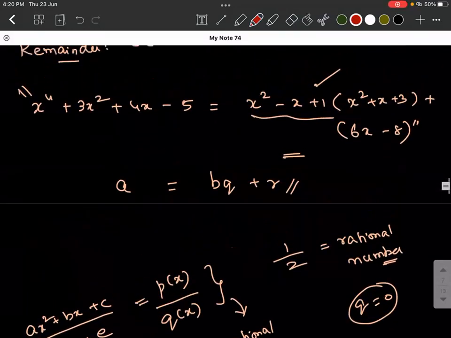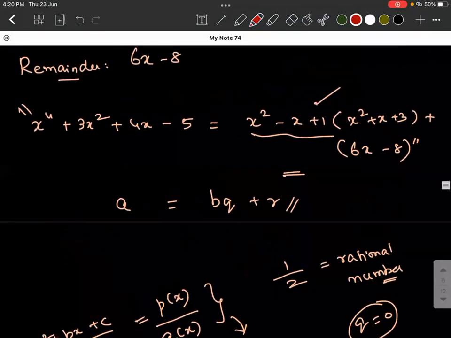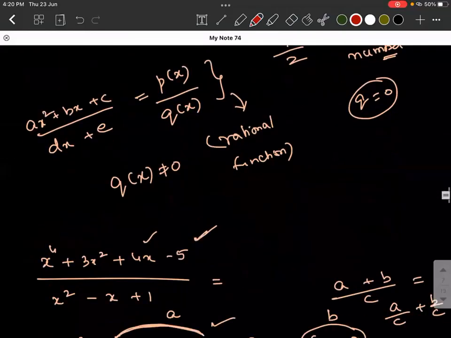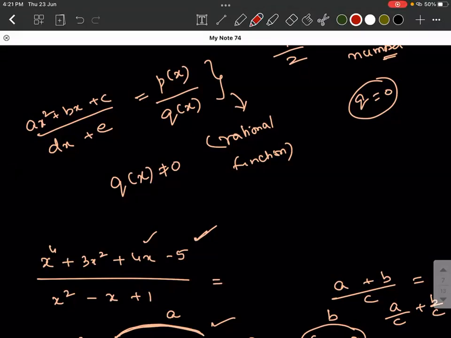Okay? Yes. So let's say in some Olympiad paper, suddenly they use the word rational function. You should not get confused.